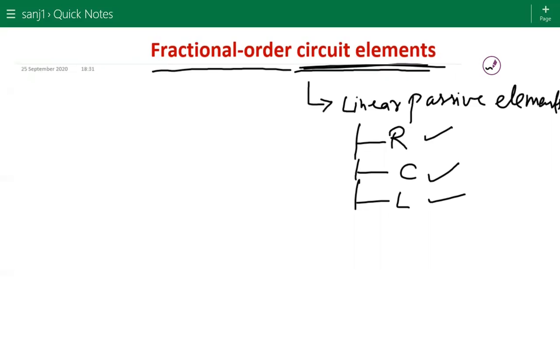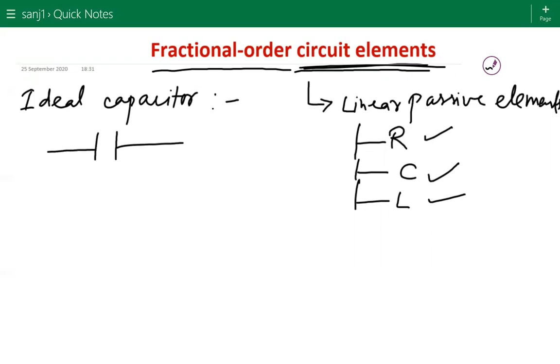Now, let us take an example of an ideal capacitor. An ideal capacitor may be represented by its capacitance C, and the impedance may be given by Zs. This is the impedance function which represents the impedance of this capacitor. So Zc(s) will be given by 1 by Cs.